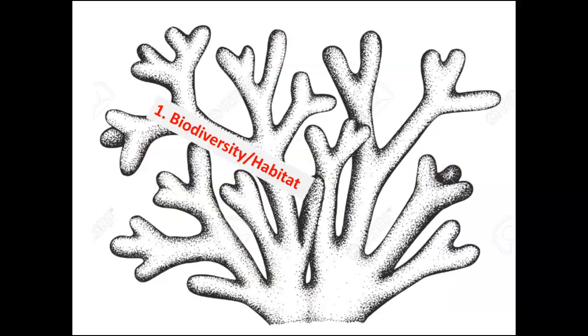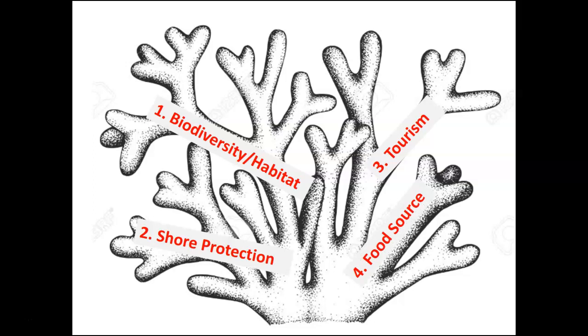Alright, so these are the benefits or the importance of aquatic ecosystems and coral: biodiversity and habitat, shore protection, tourism, and a food source. So these are super important aspects that we need our environments and our oceans to survive for, right? And also medicines.